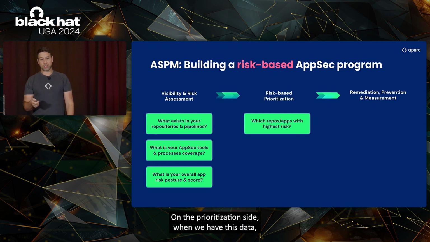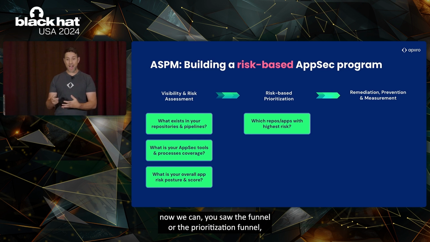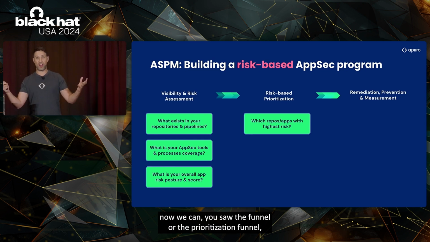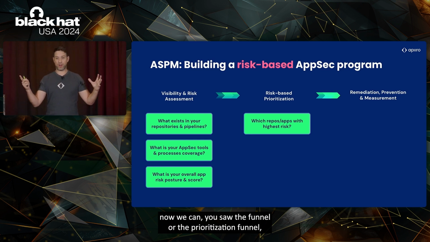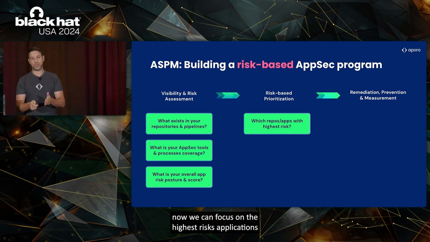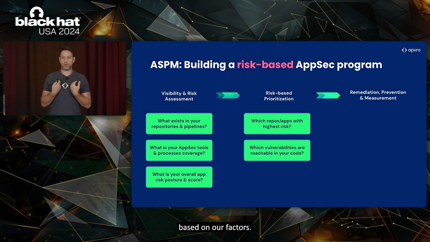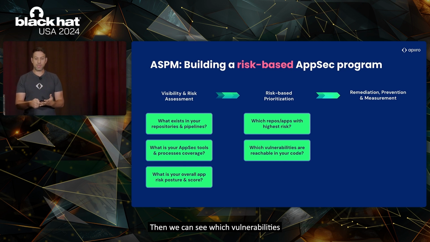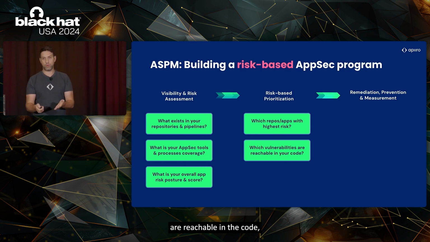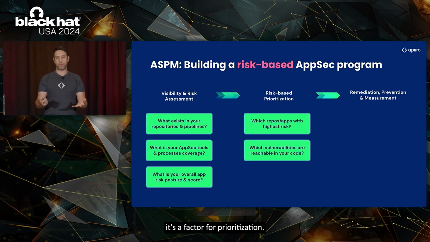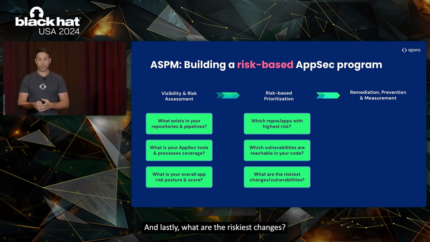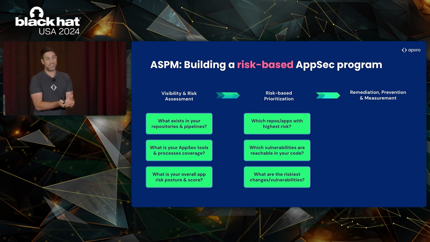On the prioritization side, when we have this data, you saw the prioritization funnel, now we can focus on the highest risk applications based on our factors. Then we can see which vulnerabilities are reachable in the code. It's a factor for prioritization. And lastly, what are the riskiest changes?